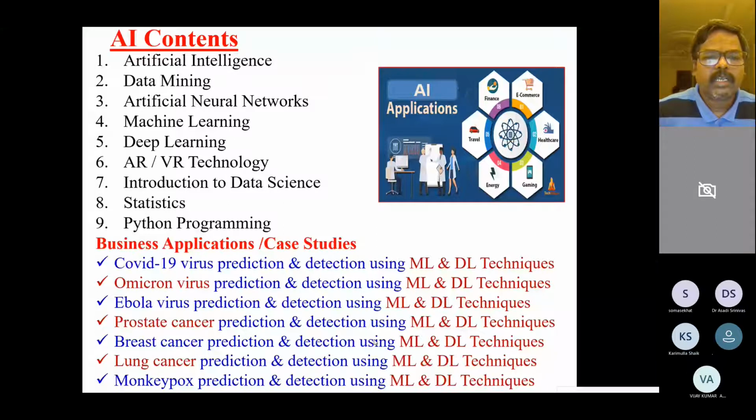I am going to demonstrate various health-related database applications: COVID-19 virus prediction and detection, Zika virus prediction and detection, Ebola virus prediction and detection, prostate cancer prediction and detection, breast cancer prediction and detection, lung cancer prediction and detection, and finally a monkeypox prediction and detection application. By using Python programming, I am going to demonstrate various AI applications.